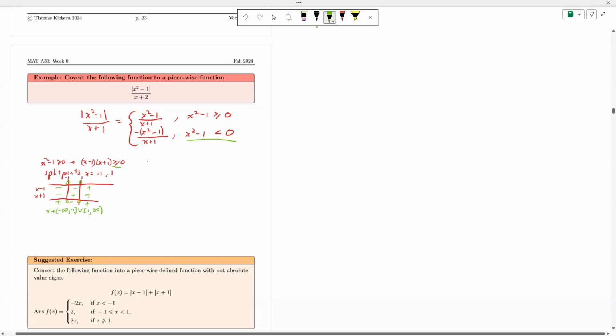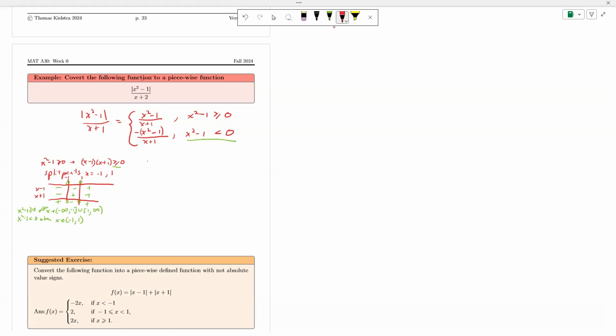So x squared minus 1 is greater than or equal to 0 when this is true. And x squared minus 1 is less than 0 when x is in minus 1 to 1, not including 1 and minus 1.